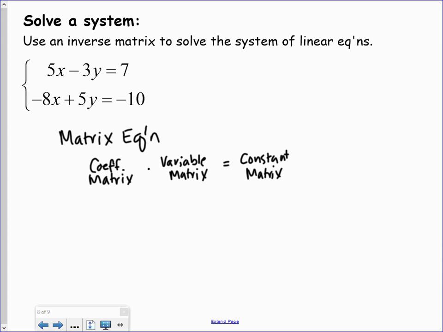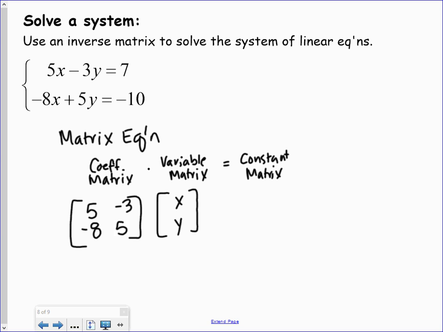The coefficient matrix is from the system, it's the coefficients to all the variables. So this one's only 2 variables, it's a 2 by 2. Okay? So my coefficient matrix looks like 5, -3, -8, 5. I don't include the x and the y's because that's just coefficients. Okay. My variable matrix is a 2 by 1 with x and y in it.